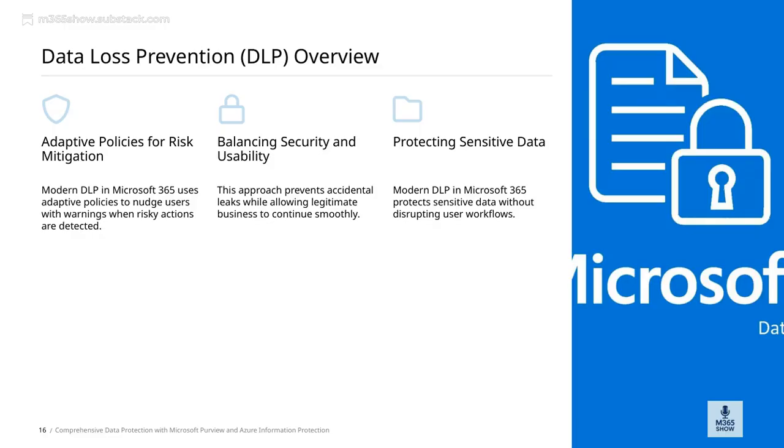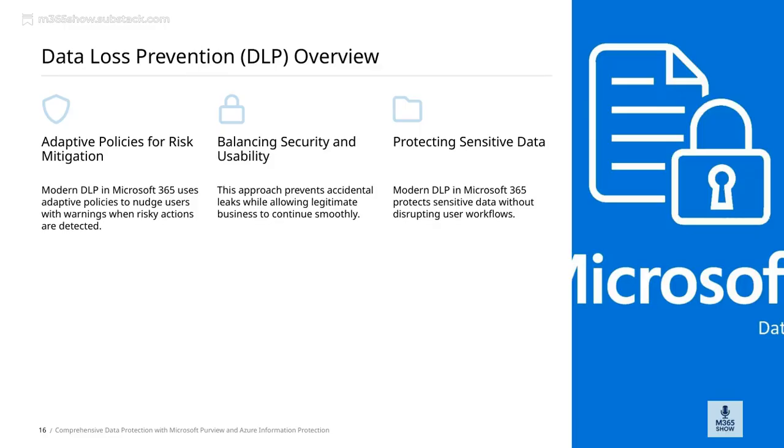For example, this approach helps prevent accidental data leaks, which can happen easily if users are not careful, but it also allows legitimate business activities to continue smoothly. And a key feature of these modern DLP solutions is their adaptive policies. These policies are smart. They don't just block or allow actions blindly.